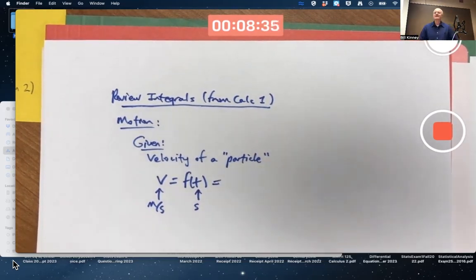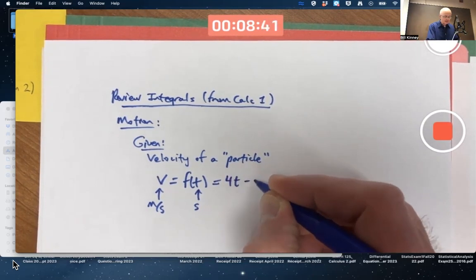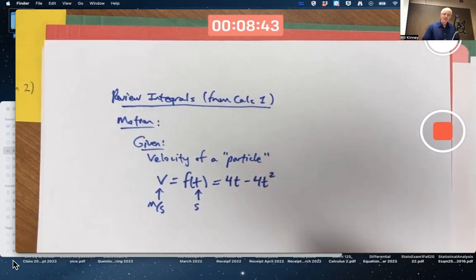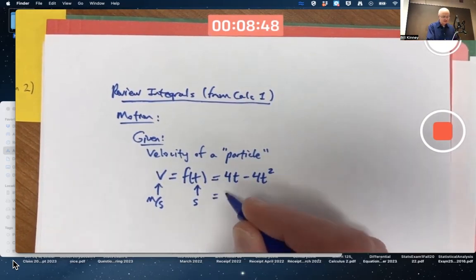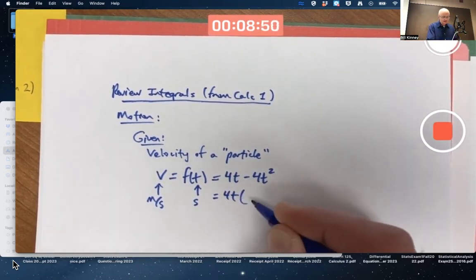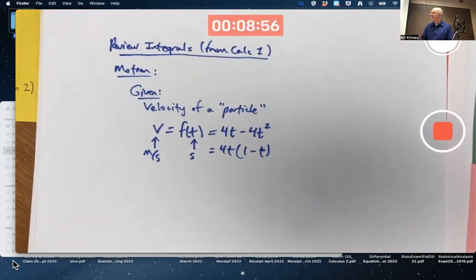In a calculus class, you typically write these things with some formula, hopefully some simple formula, like, oh, I'm going to pick 4t minus 4t squared. Why did I pick that function? It has some nice properties. If you factor it like this, you can see one nice property is it's got simple t-intercepts at 0 and 1.